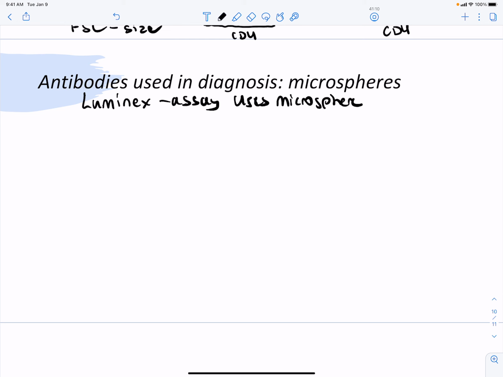So you can have different dyes, and this means that each bead in a set of up to 100 can be given a unique identity, which is referred to as a spectral symbol. So you can have 100 beads labeled with unique identity.